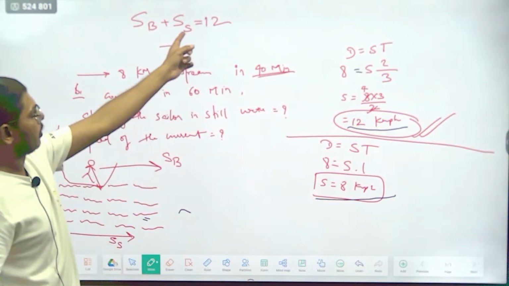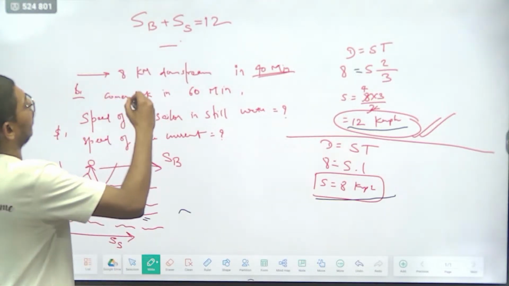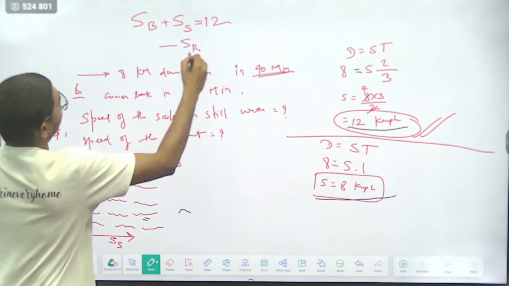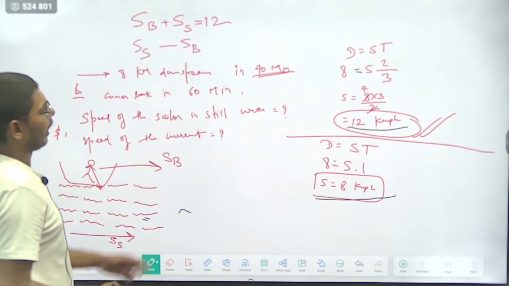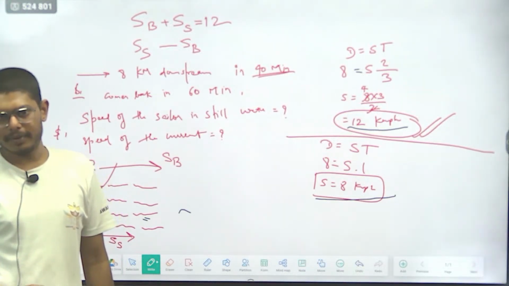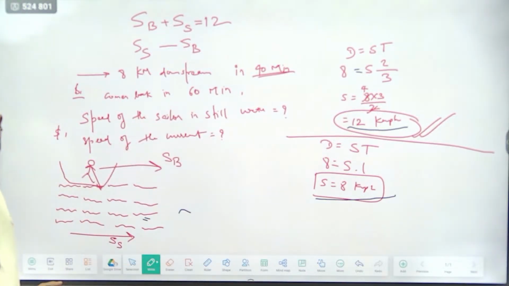Is it the correct way of writing? It is wrong. The stream will act against the boat, so the speed of the stream will be reduced when you go upward.